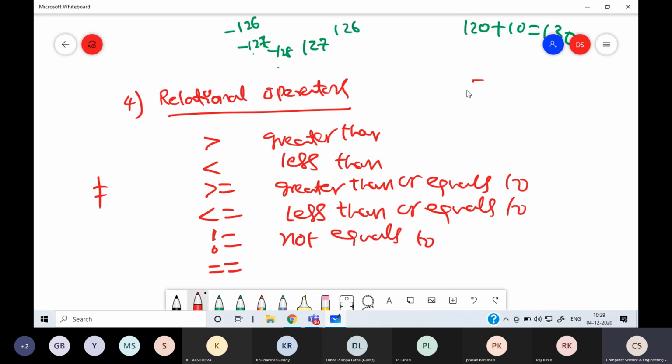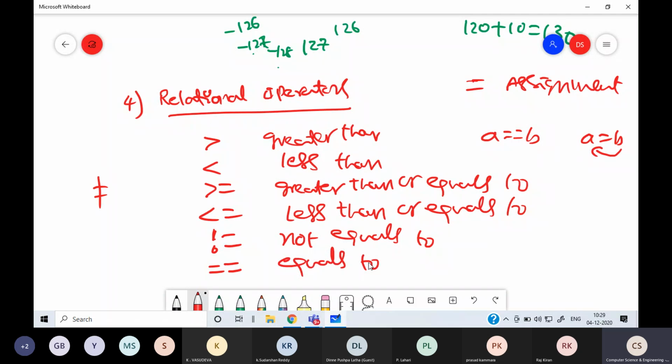Single equals to we are already using for assignment, so I cannot use it for comparison. If I want to compare whether A equals B or not, I have to use A double equals to B. If I use A equals to B, it will not compare; simply B value is assigned to A, because single equals to is the assignment operator. Double equals to is the equals to operator.